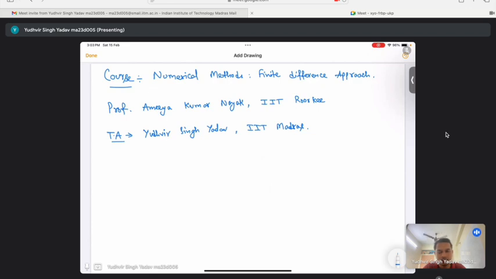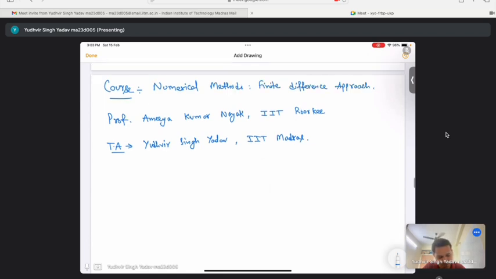And in the last tutorial we discussed the different numerical schemes to solve the elliptic partial differential equations and second order heat equation.